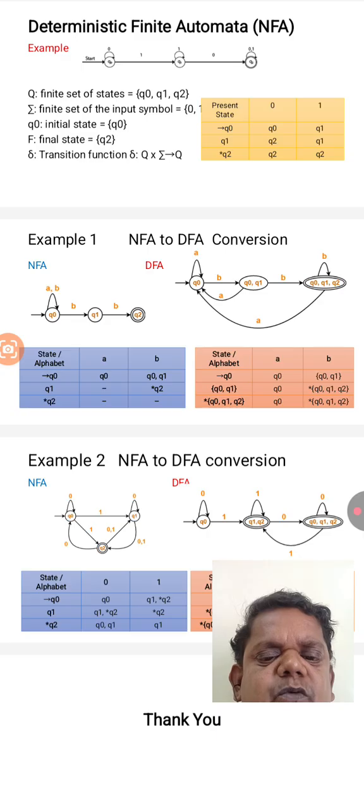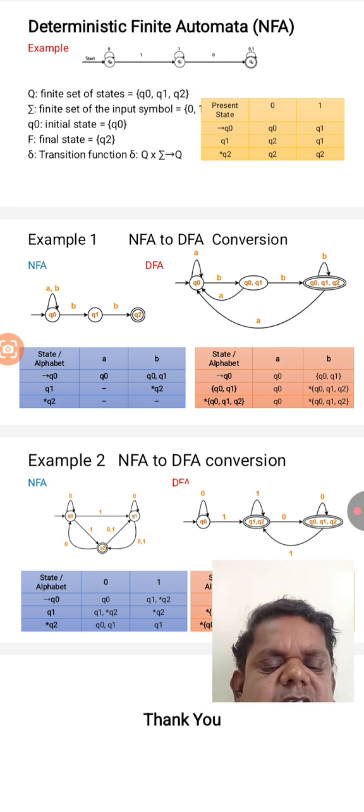Next q0, q1 with input b goes to q0, q1, q2 state. Next we find the final state q0, q1, q2: input a goes to q0, q1, q2, and input b goes to q0, q1, q2.